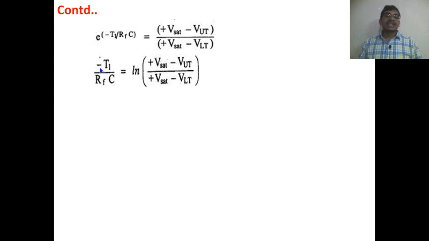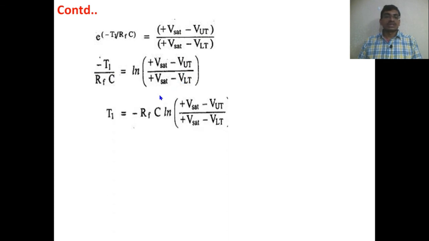Therefore, we will get minus T1 by RF into C is equal to ln of plus V saturation minus upper threshold voltage divided by plus V saturation minus lower threshold voltage. So T1 is equal to minus RFC into ln of plus V saturation minus upper threshold voltage by plus V saturation minus lower threshold voltage.